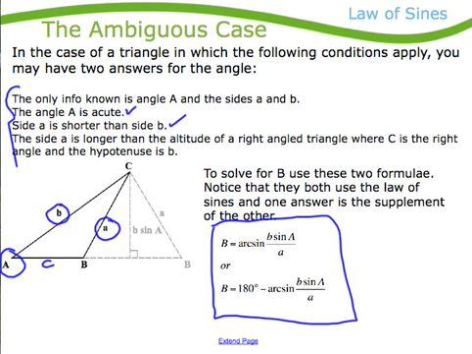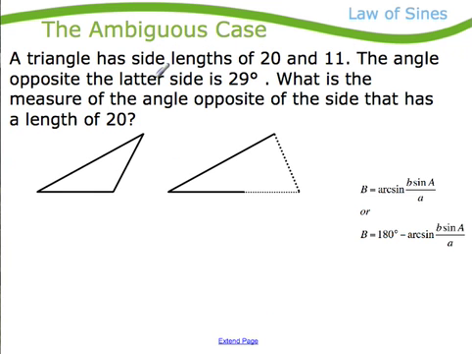So let's look at one where this might happen. I have a triangle that has side lengths of 20 and 11. The angle opposite the 11 is 29. The question says, what is the measure of the angle opposite the side that has a length of 20?